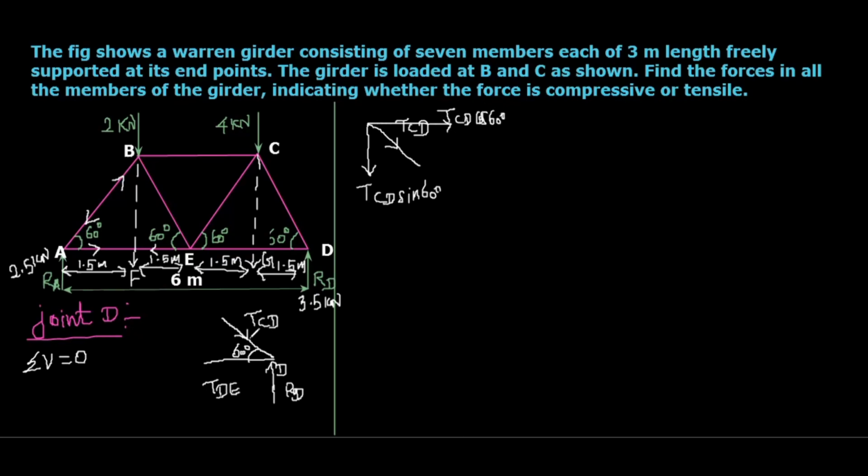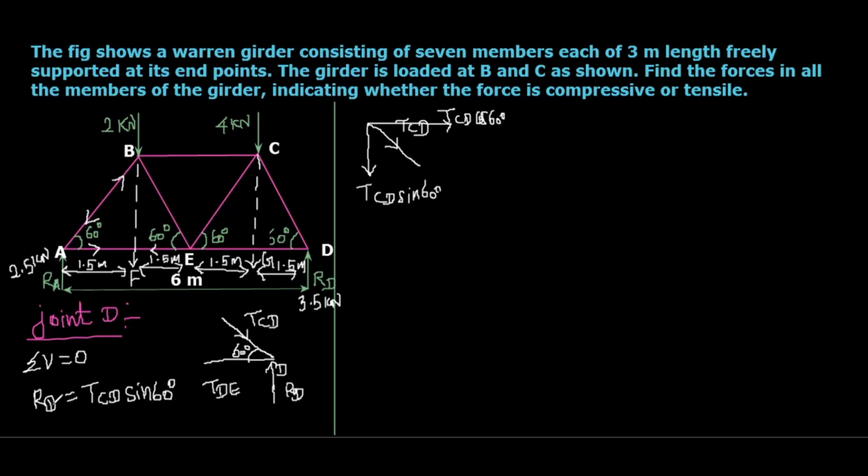Okay, so here you can see if this TCD is acting away from the point D, then that means the vertical component will act upward, that cannot cancel RD. So this should act like this. That means inwards to the joint D. Okay. So now you can see summation of vertical forces equal to 0. The upward force RD that will be compensated by the downward force TCD sine 60.